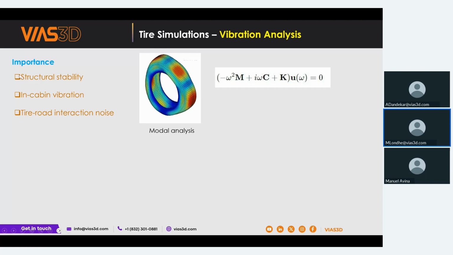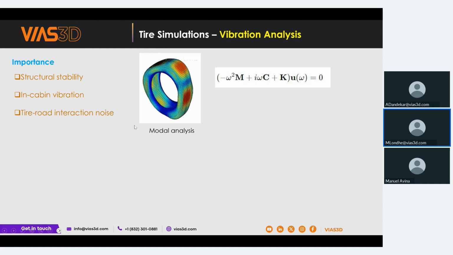So keeping the vibration below a critical level is very important for structural stability. There are also two important aspects, in-cabin vibrations and tire-road interaction noise. These are the main aspects considered during the tire vibration analysis.